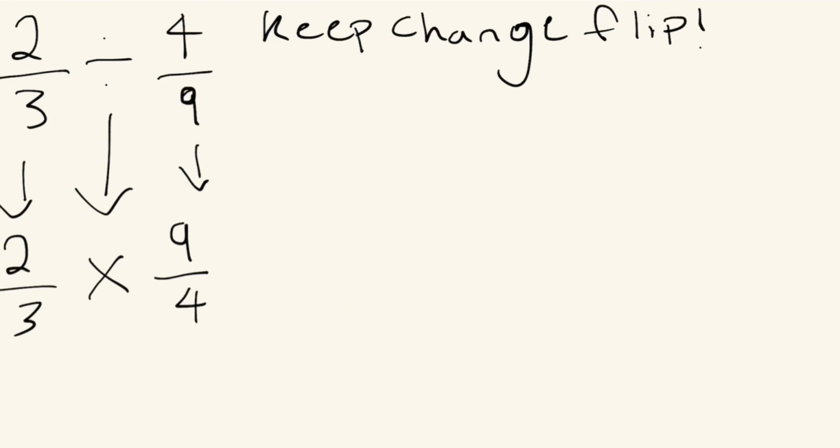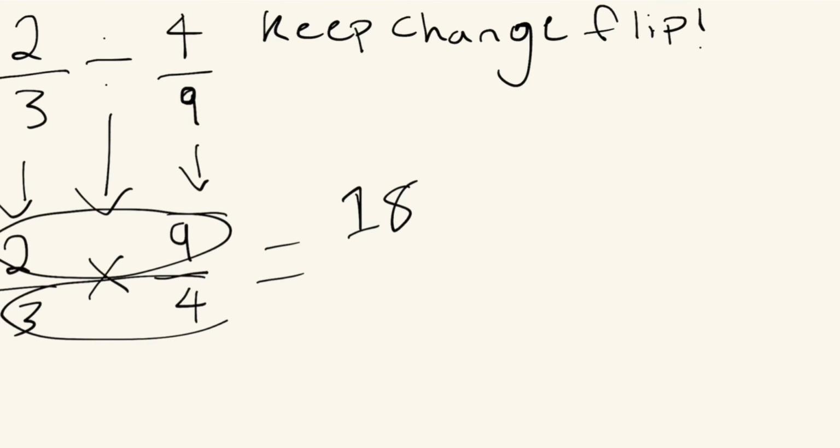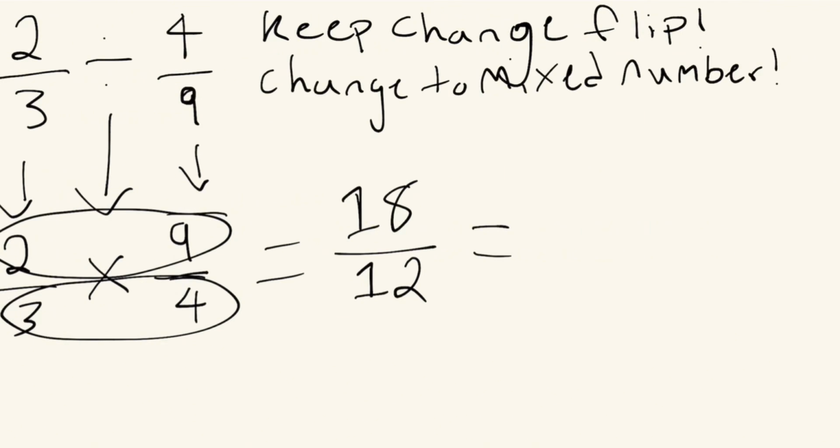So now we have 2/3 times 9/4, and we can just go across here. We can multiply 2 times 9, which is 18, and 3 times 4, which is 12. Now this answer can obviously be simplified, and when I say simplified, simplification includes changing it to a mixed number.